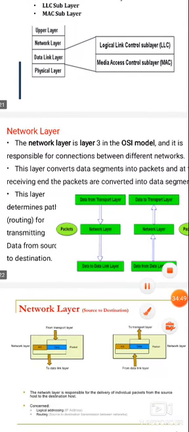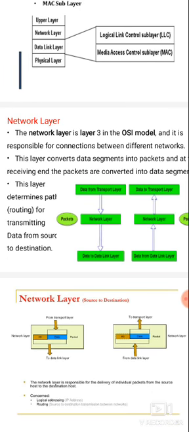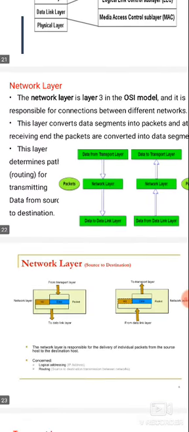Next, the network layer. The network layer is the third layer in the OSI model and it is responsible for connections between different networks. Networking is nothing but connection.